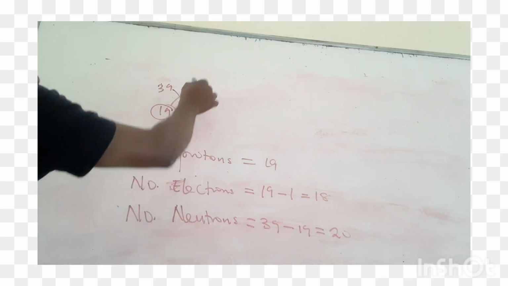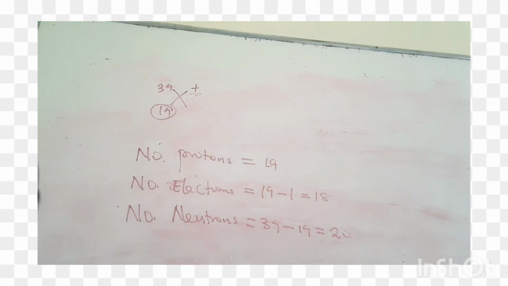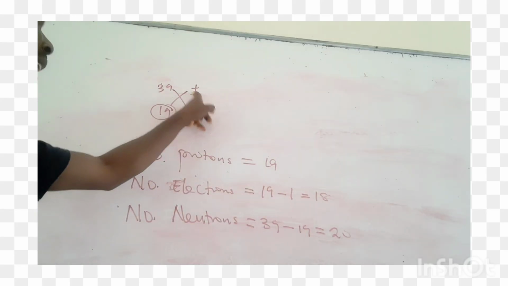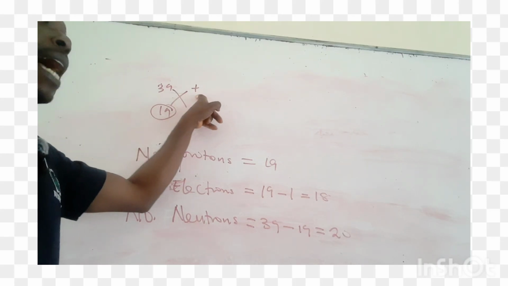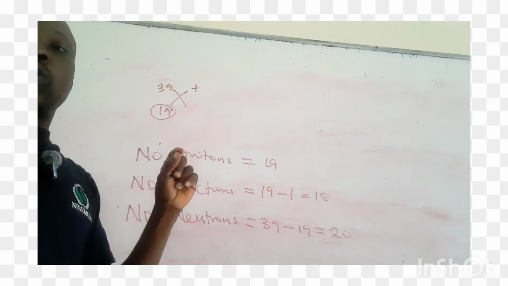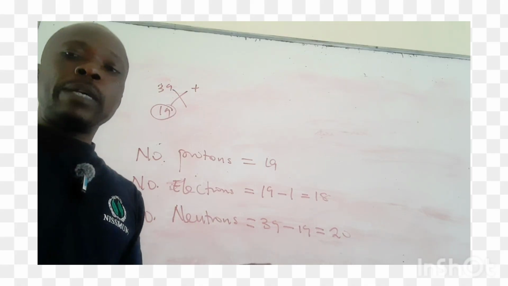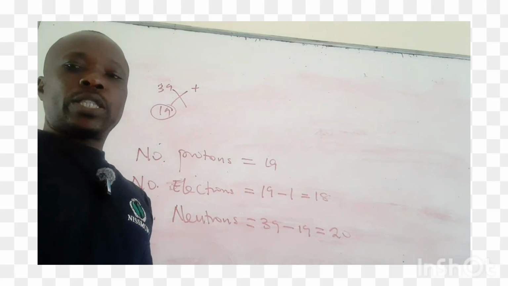So you can see now that as this species is carrying a charge of +1, the only particle that has been affected is the number of electrons. This means that this atom S has been ionized by losing one electron. So it has one electron less than the proton, and that's why it is carrying a charge.